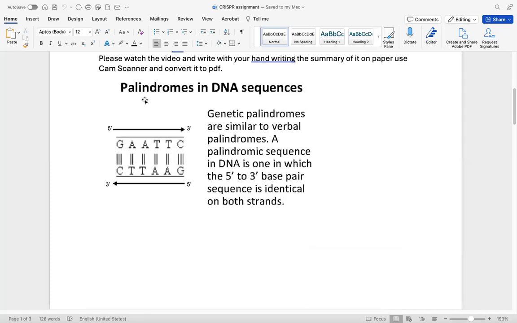So what are palindromes? Genetic palindromes are similar to verbal ones. You can see that the complementary sequence, the 5' to 3' base pair sequence, is identical in both strands.